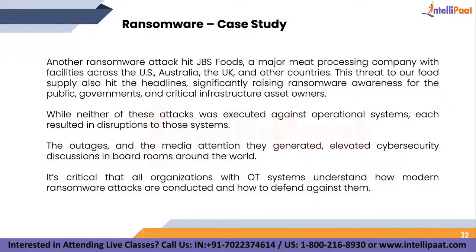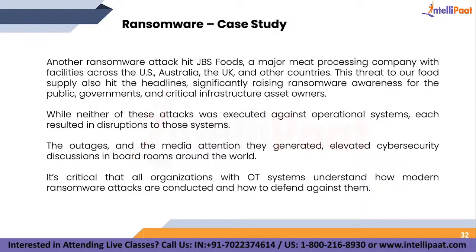Another ransomware attack was on JBS Foods, a major meat processing company in the US, with facilities across the US, Australia and UK. The threat to our food supply also hit the headlines significantly, raising ransomware awareness for the public, governments, and critical infrastructure stakeholders.